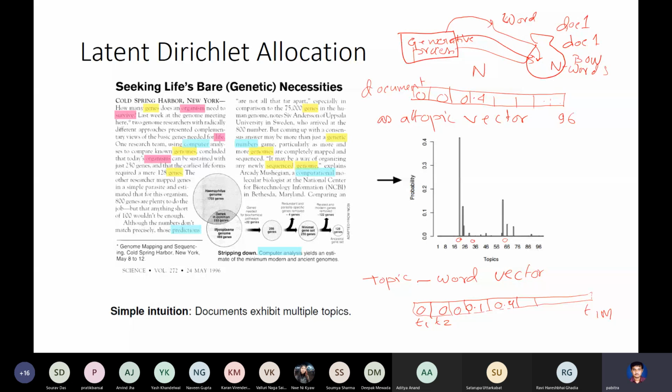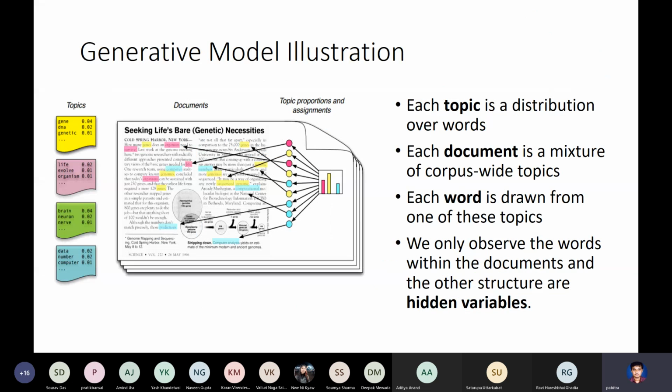Now, let us look more deeply into what goes on inside this generative process. Let me explain, for example, how this document was generated. First of all, imagine that a topic is generated.